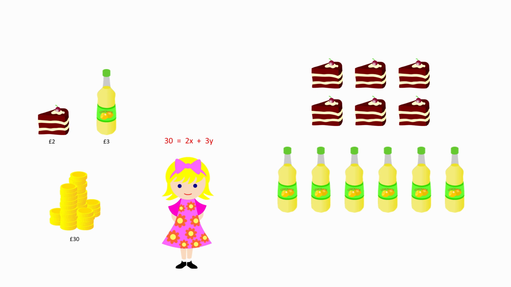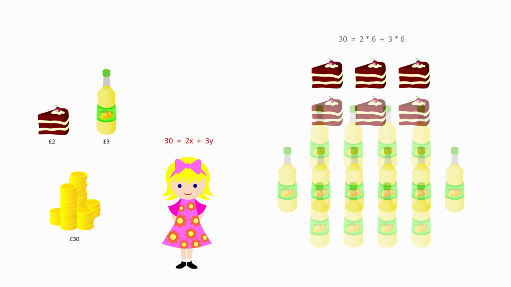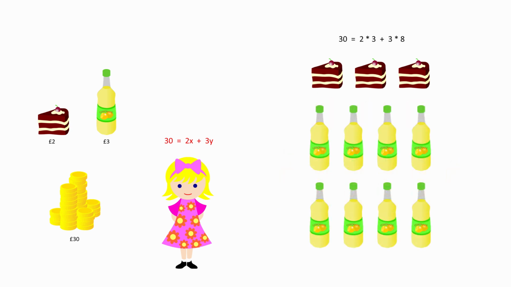Beatrix is pretty good at mathematics, so she's written this equation to help solve her dilemma, where 30 is the amount of money she has, x is the amount of cake and y is the amount of lemonade. For example, 30 equals 2 times 6 plus 3 times 6. Or 30 equals 2 times 3 plus 3 times 8.